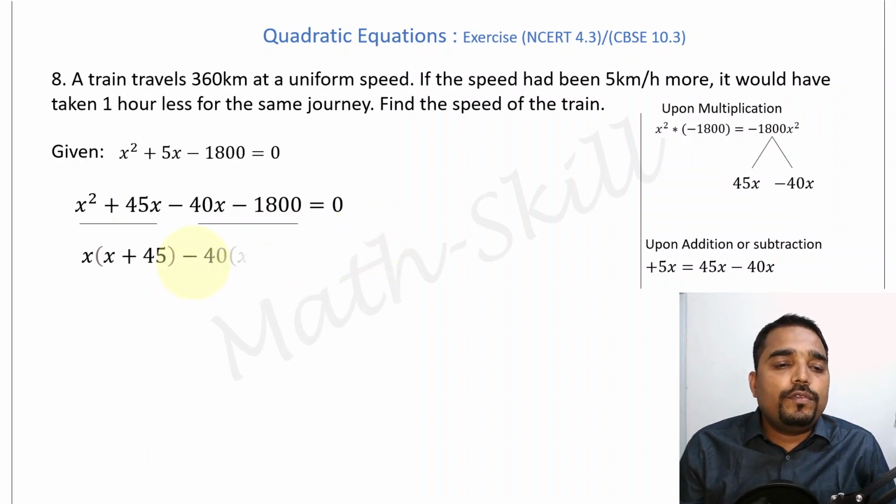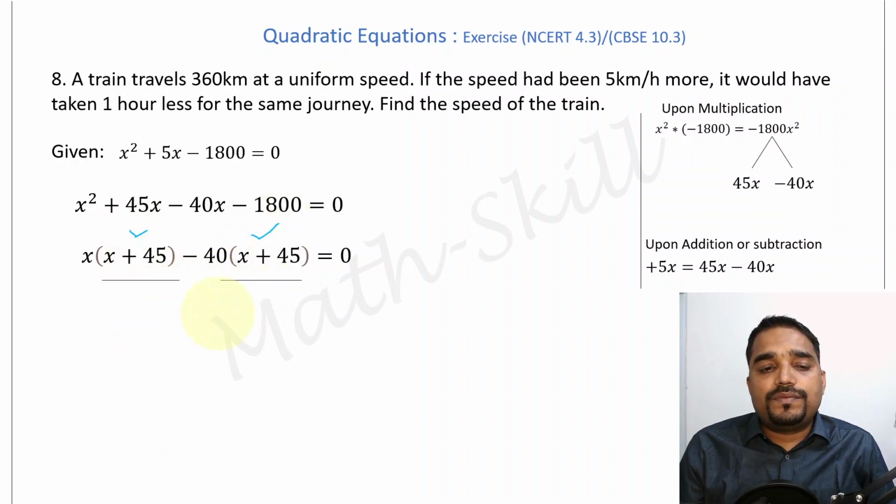If you take x common out of x square and 45x, we are left with x plus 45. Minus 40x minus 1800, out of this if you take minus 40 common, we would be left with x plus 45. Now we see that x plus 45 is common between both the terms.